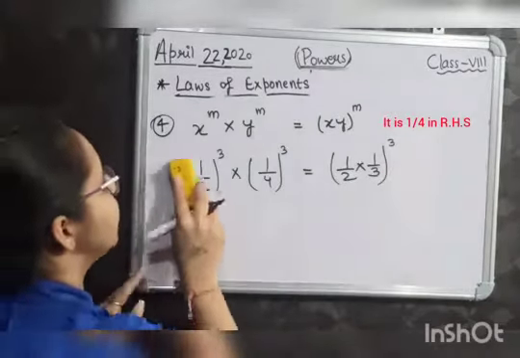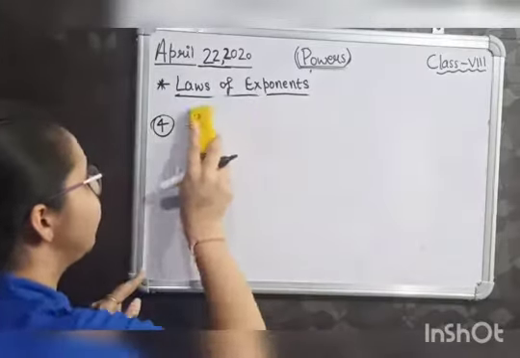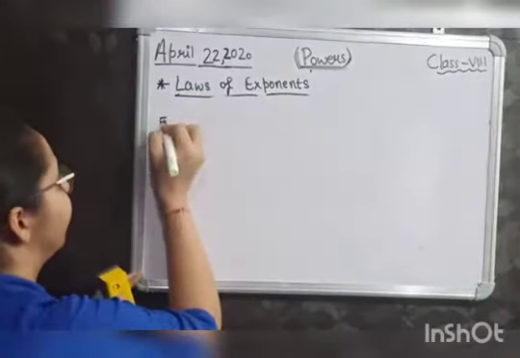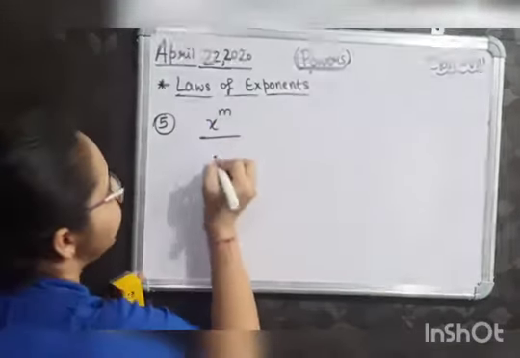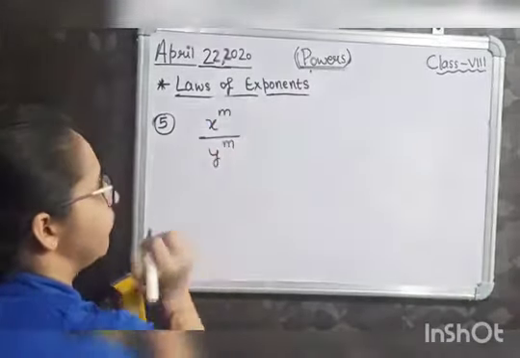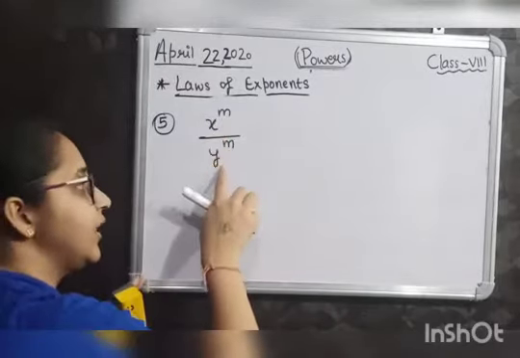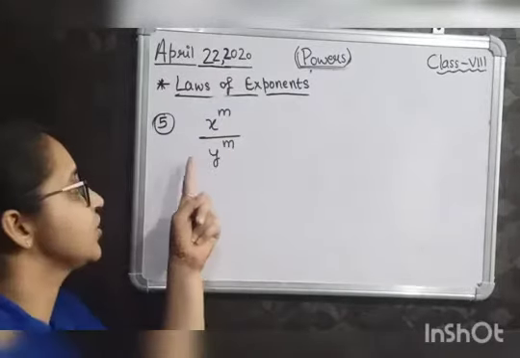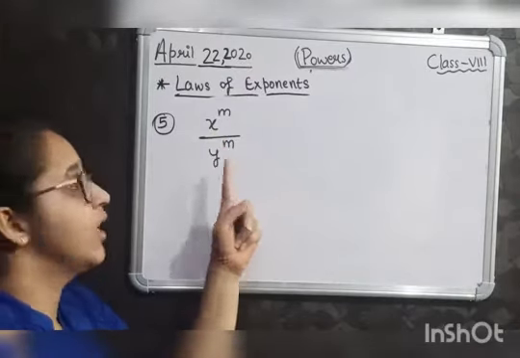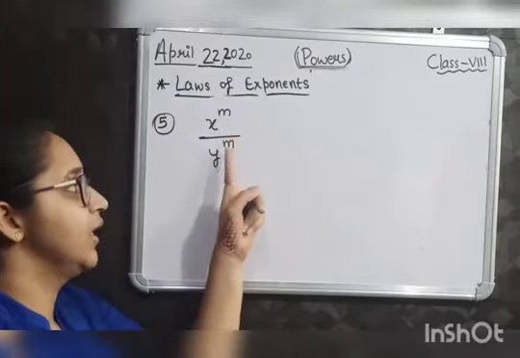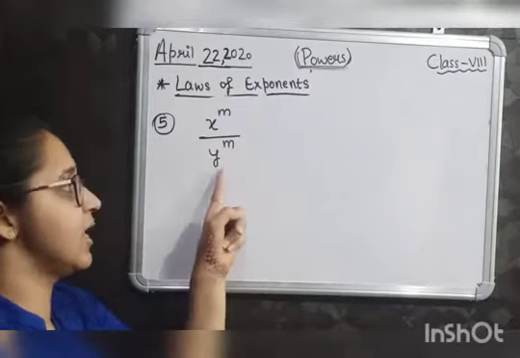Now the fifth rule is if you have x power m divided by y power m. Here the operation is division and the base is x, here the base is y. The power is m, the power is m. It means the power is the same but the bases are different.